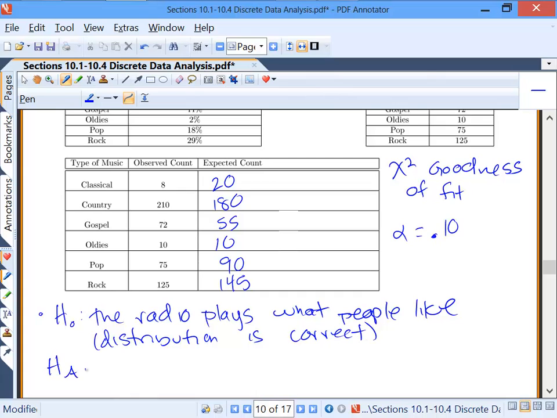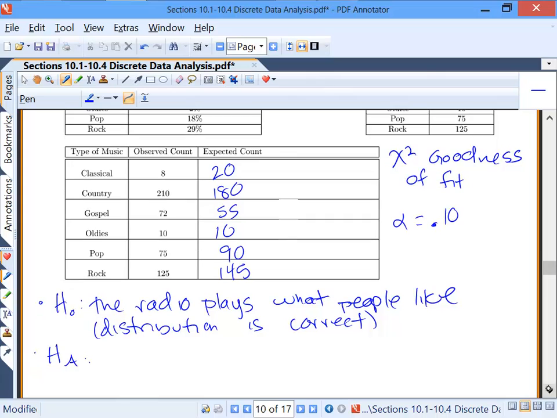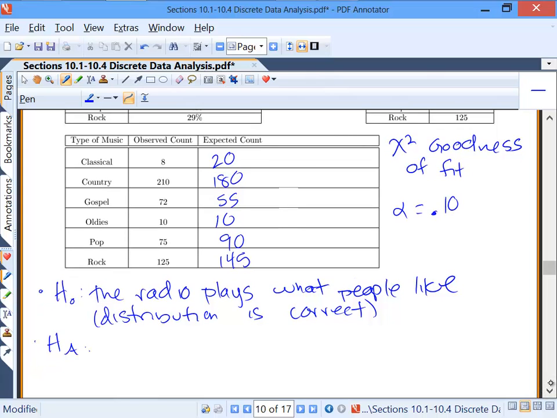And the alternative would be that this distribution is incorrect, and specifically it would be, these probabilities would be incorrect for how many different genres? This one, so at least one genre's percentage is incorrect.